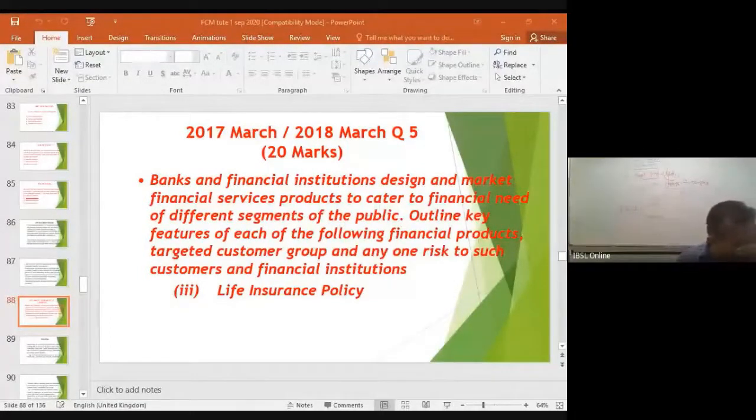One risk is that the customer is going to pay. It is a commitment, right? For you, it's a contract. You have to pay maybe 5 years, 6 years. Continuously you need to pay an installment as a premium, maybe monthly, maybe quarterly, whatever.